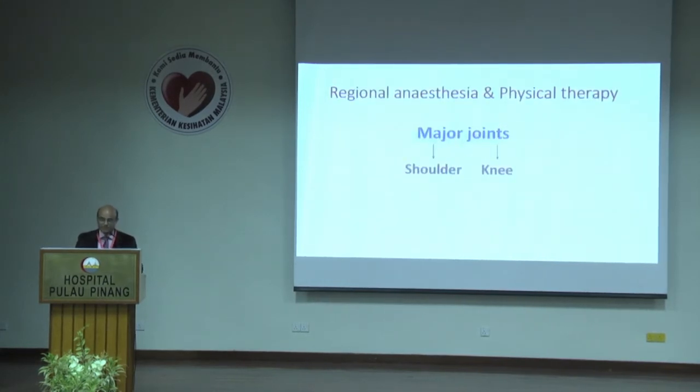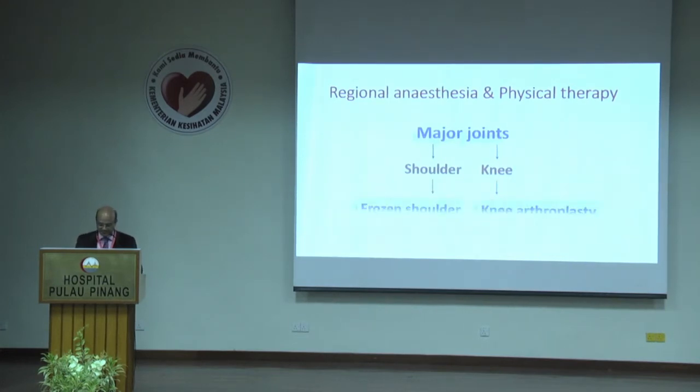Now, I'm going to limit my talk only to the physiotherapy which is being used to the maximum extent in the major joints, because the rest of the things are not pertaining to us generally. So these are the two major joints where physiotherapy and rehabilitation occur, so I'm going to focus upon them.